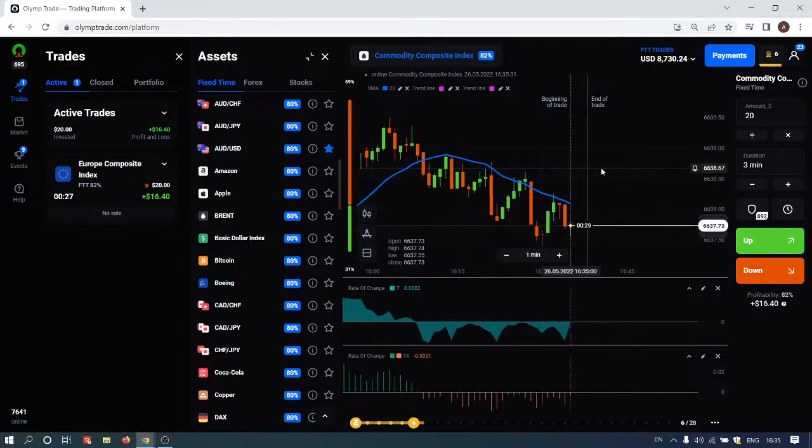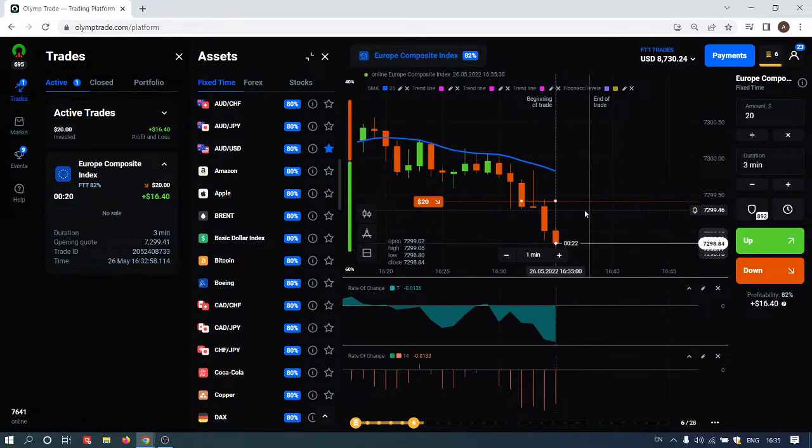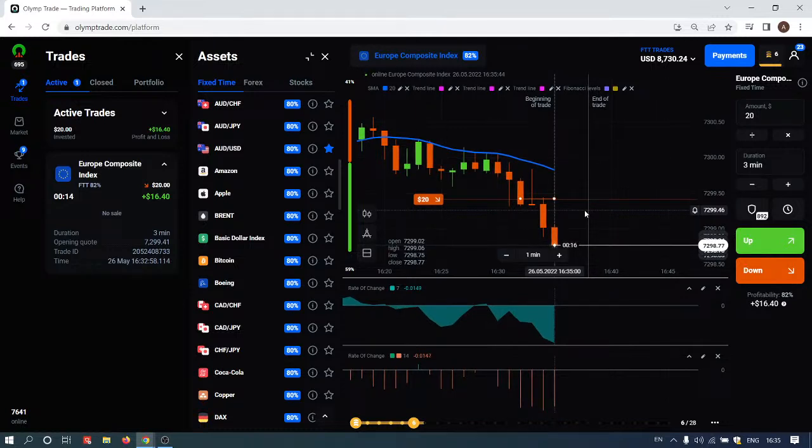Sometimes it works a little better, sometimes a little worse. Generally speaking, there are so-called phases of the market, and sometimes you're on the trading side, and then next hour it's time for reversals. So you just never know.